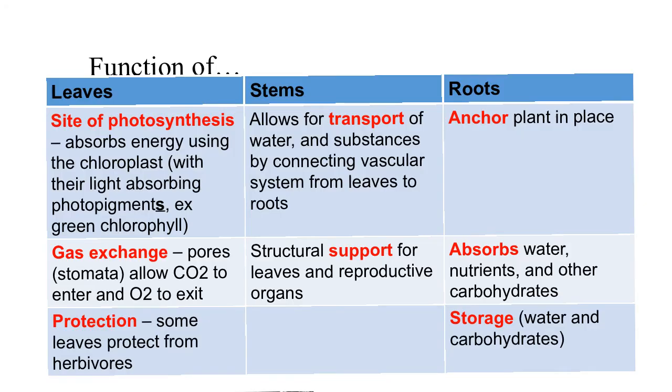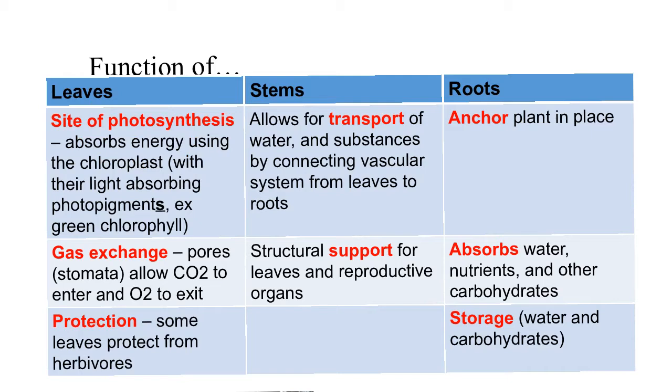Now, before we can talk about the structure or the uses of leaves, stems, and roots, you have to know the function. So each of these different components of the plant have a very specific function. And as you may know, the structure of an organ is closely related to its function. In the case of leaves, we have three functions. Primarily, it is the site of photosynthesis.